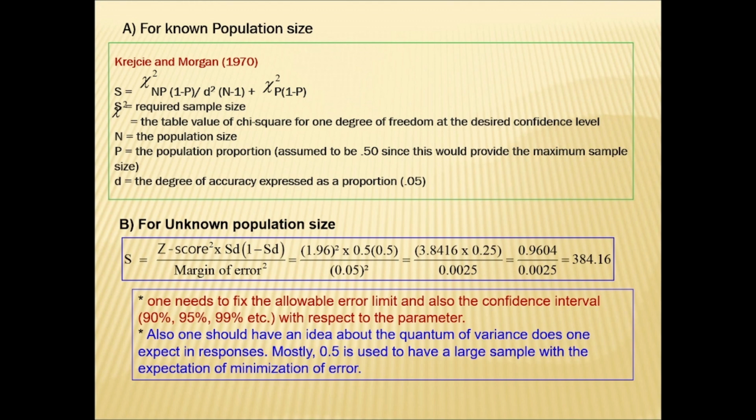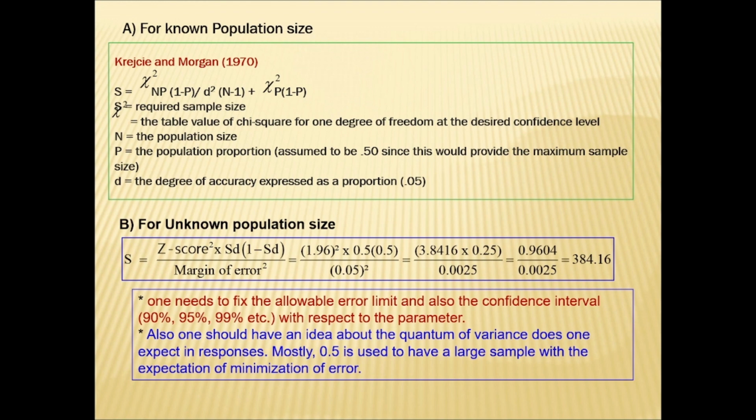There are sampling theories and sampling procedures based on which the sample size is determined. Before determining the sample size, there are particular things we should remember and know, and then we go for fixing a proper sample size.